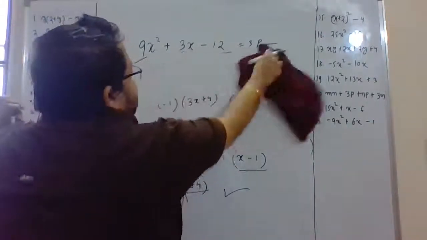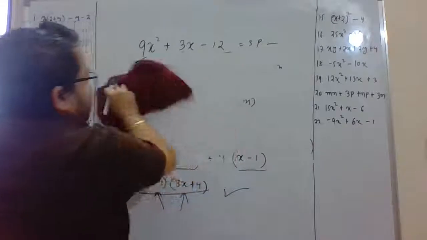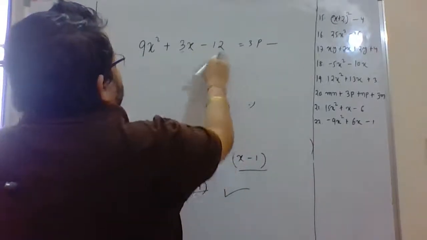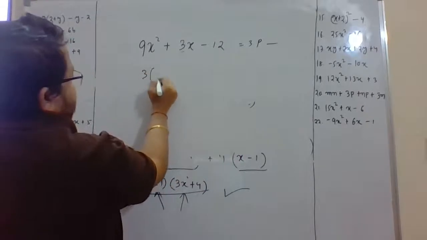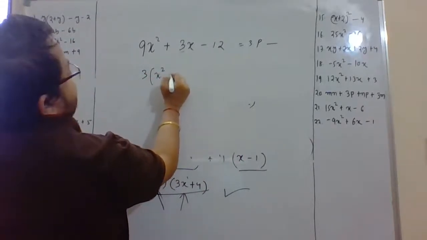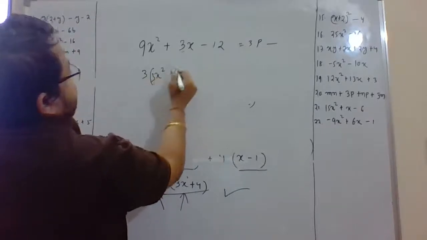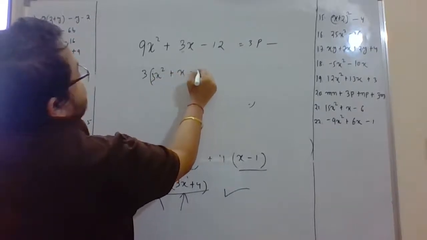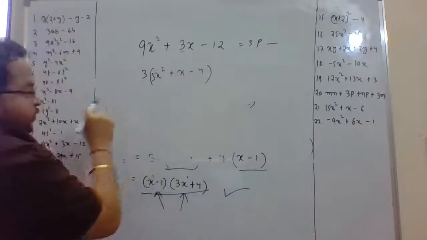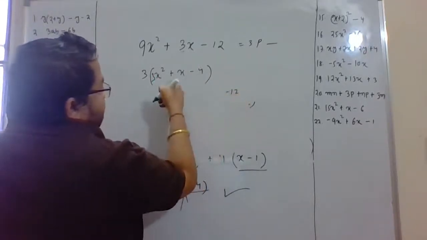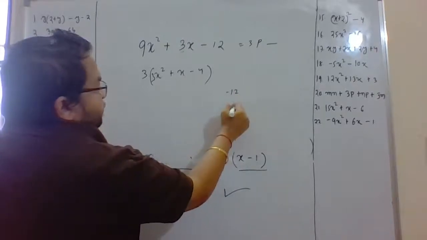Another way could be, after taking your common factors, we got 3 into 3x squared plus x minus 4, right? So the product is 4 into 3, that is minus 12, and the summation should be plus 1.